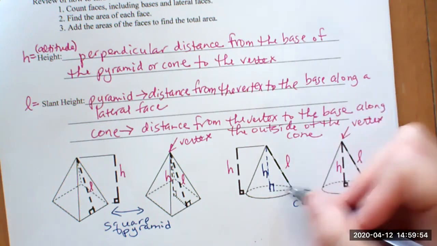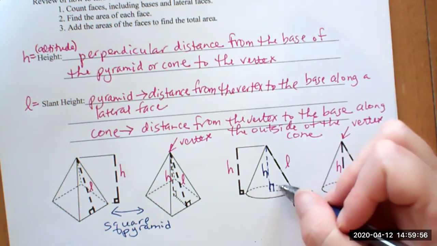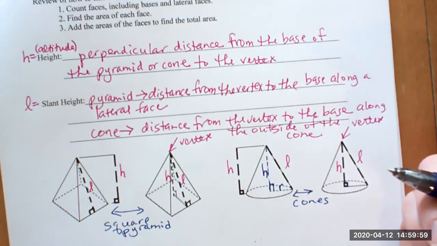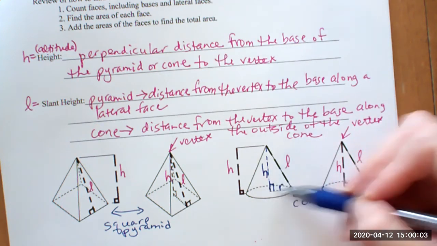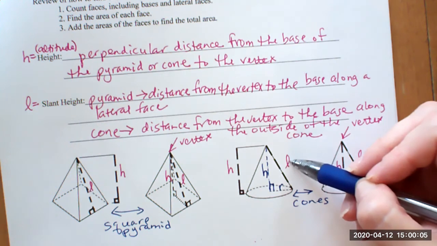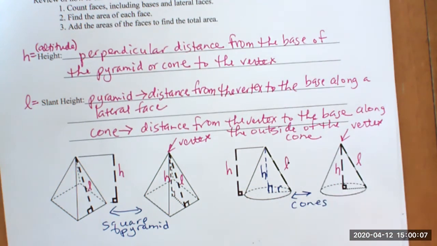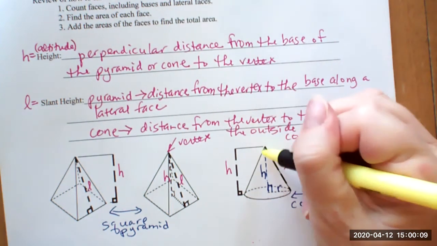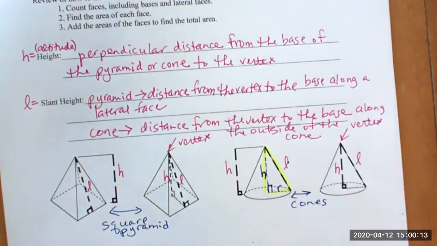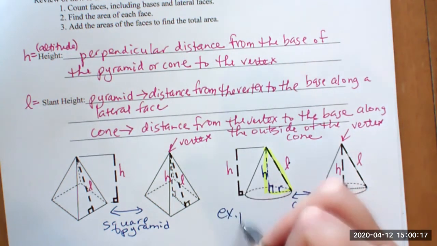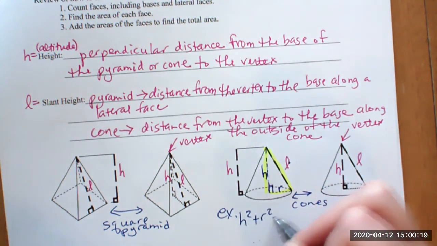And of course, this distance right here is the radius of the circle. So one thing we could do, let's pretend we were given the height and we were given the radius. If I wanted to know the slant height, you recognize what I've got here is a right triangle. And so we'd have a situation where you could say h squared plus r squared equals l squared.